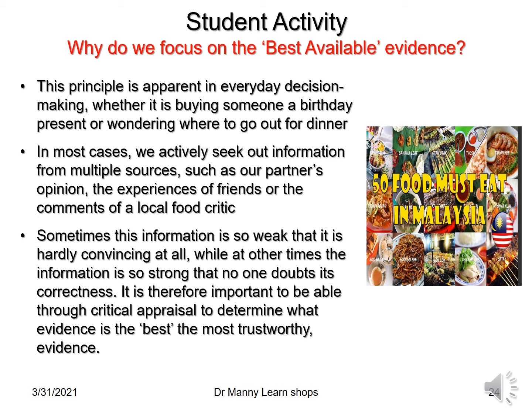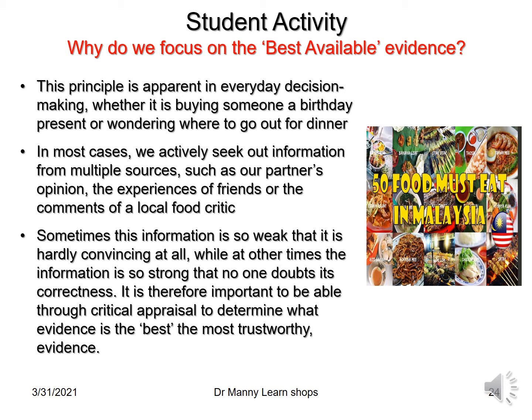However, in most cases, we actively seek out information from multiple sources. It could be our colleagues, our partner, our mother, our father, the experiences of friends, or comments, for example, of a local food critic.